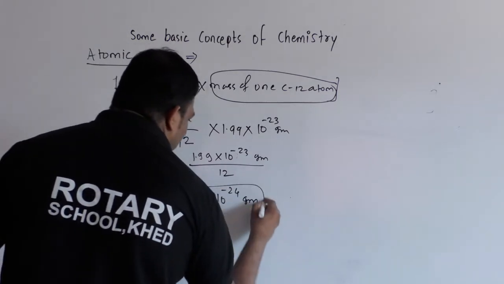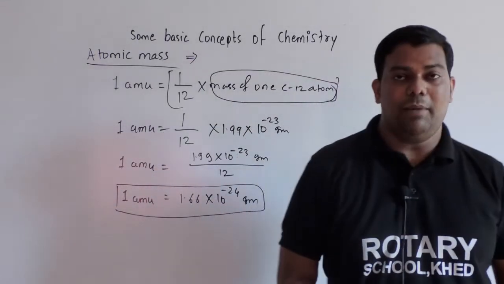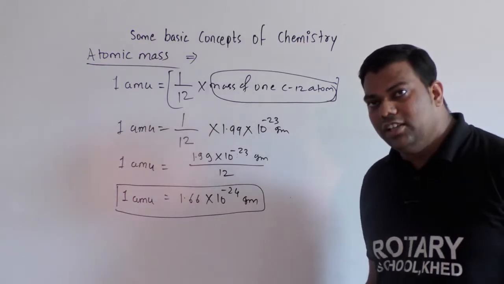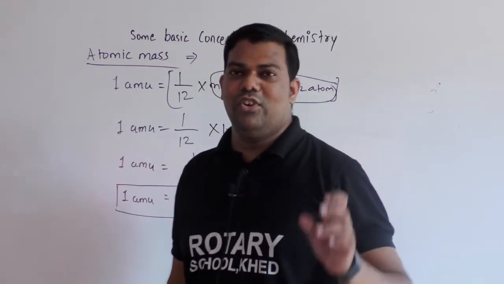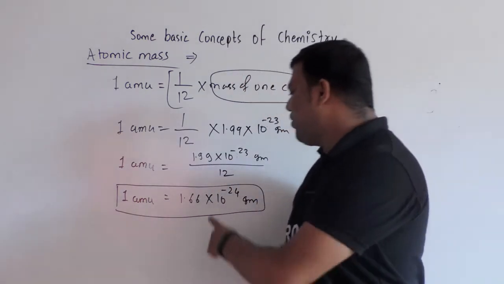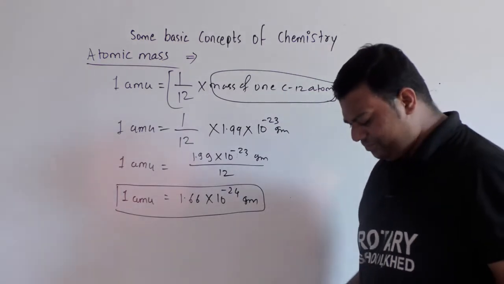So now we got a value. Until now we were saying 1 AMU, oxygen is 16 AMU, nitrogen 14 AMU. Now here we got the value of AMU: 1.66 into 10 raised to minus 24 gram.